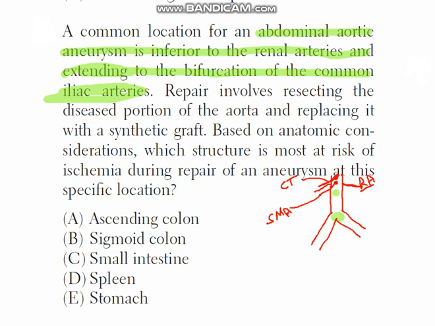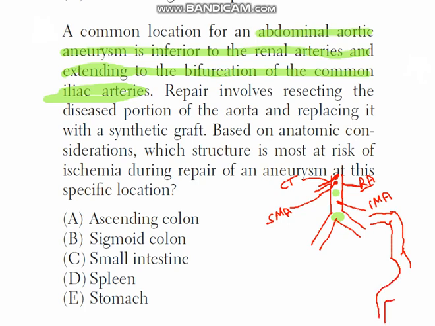And below the point of formation of the aneurysm originates the inferior mesenteric artery, and the inferior mesenteric artery provides blood supply to the distal 2/3 of the colon, the descending colon, the sigmoid colon, and the rectum.